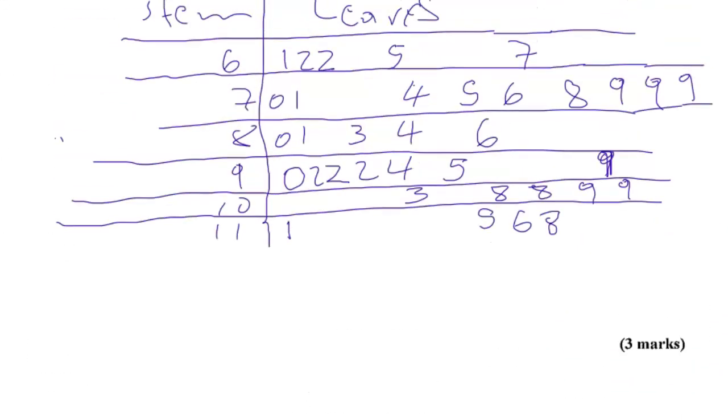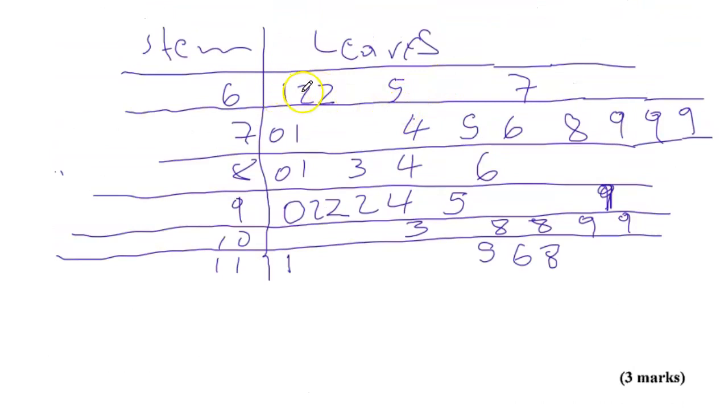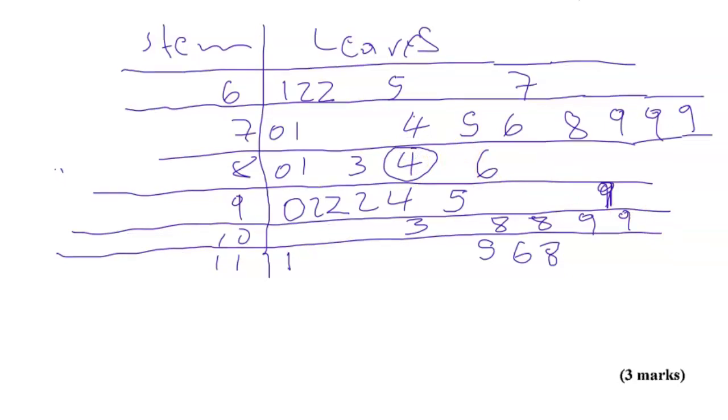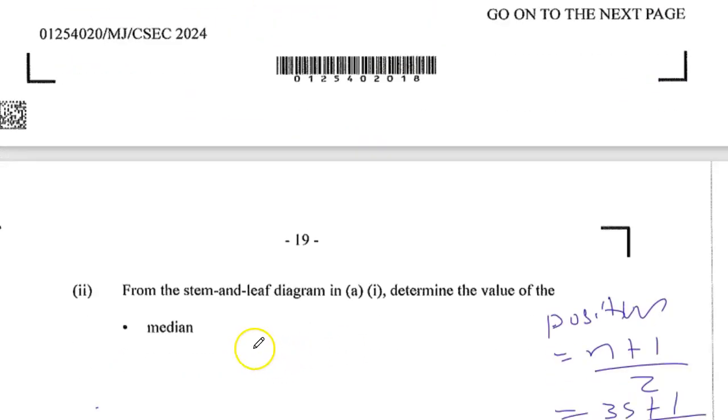To get the 18th number, we count 1, 2, 3, 4, 5, 6, 7, 8, 9, 10, 11, 12, 13, 14, 15, 16, 17, 18. So the 18th number there is 84. So the median is equal to 84.